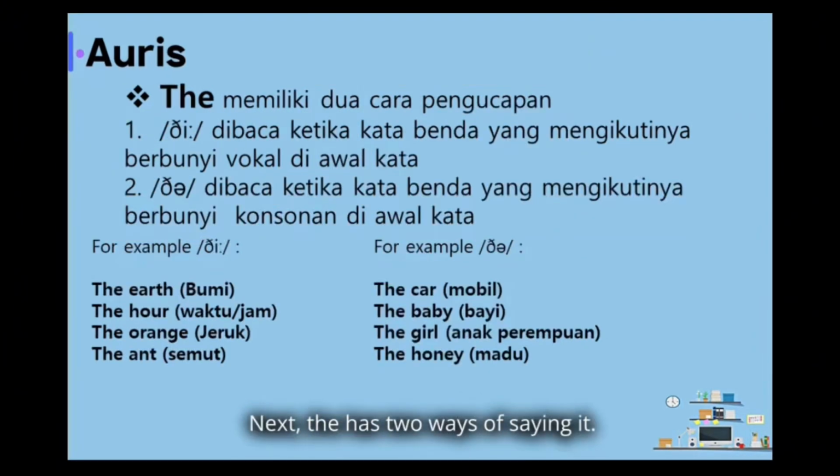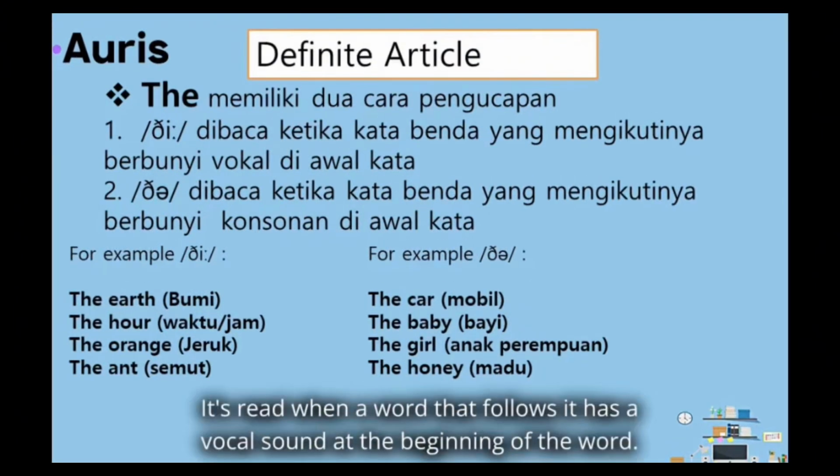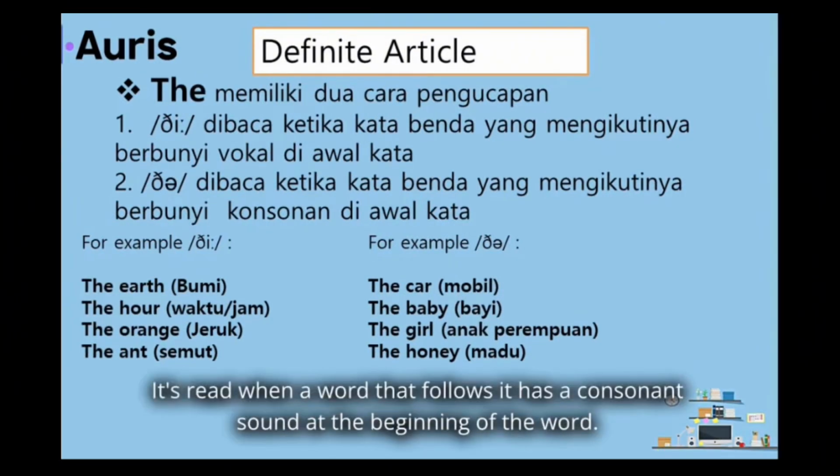Next, the has two ways of saying it. The first one is thee, read when the word that follows has a vowel sound at the beginning of the word. The second one is thuh, read when the word that follows it has a consonant sound at the beginning of the word.